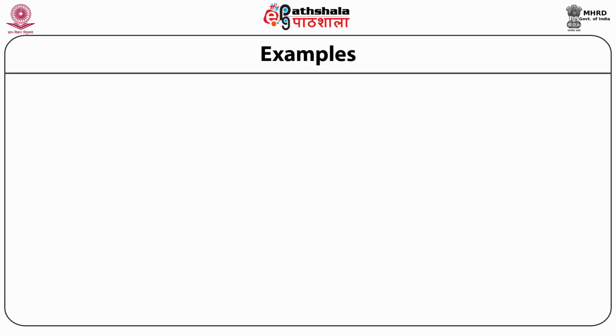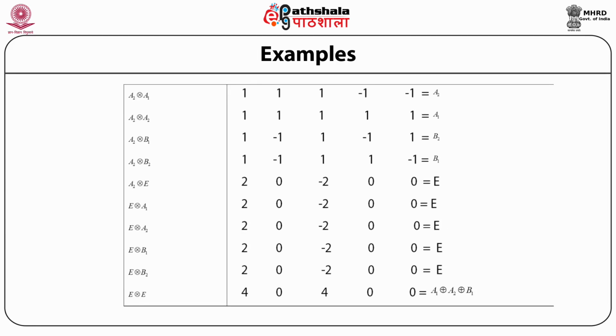So when we do that, we have A2 cross A1 equal to A2, A2 cross A2 equals A1, A2 cross B1 is equal to B2, A2 cross B2 is B1, A2 cross E is equal to E, E cross A1 is E, E cross A2 is E, E cross B1 is E, E cross B2 is E, where E cross E is equal to A1 plus A2 plus B1 plus B2.